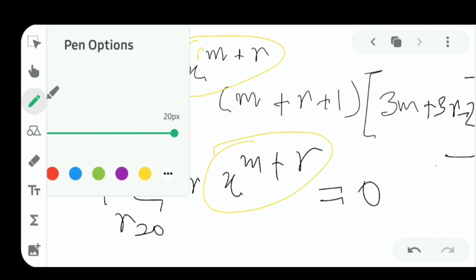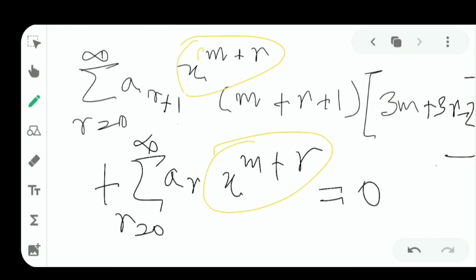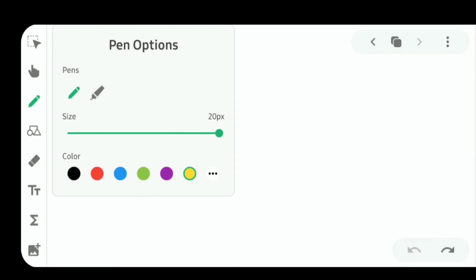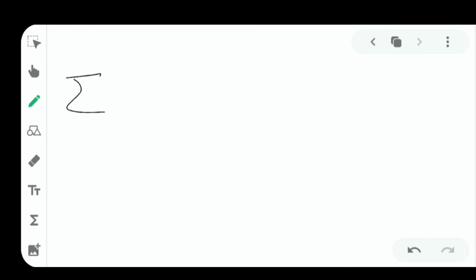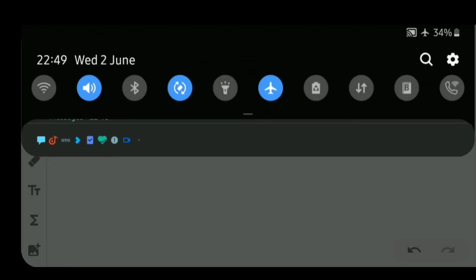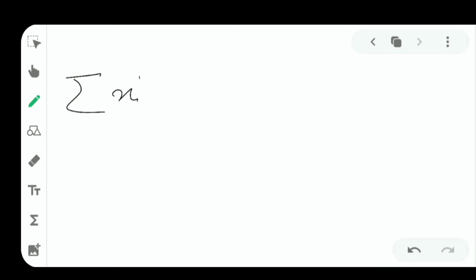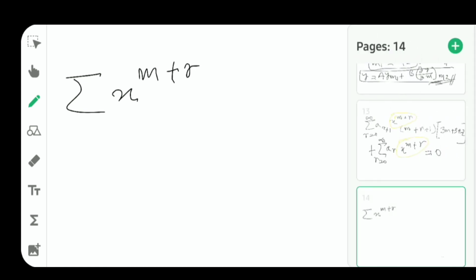So see this term, x to the power m plus r, and this x to the power m plus r, these two terms are now the same, so we can take them common.